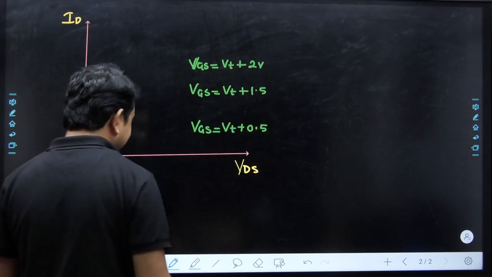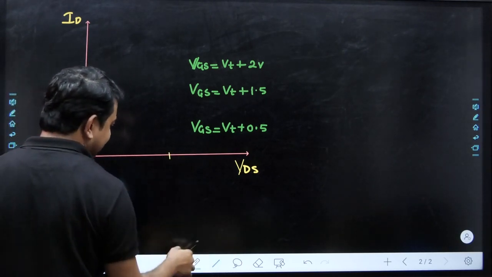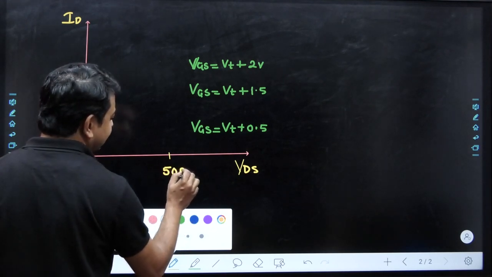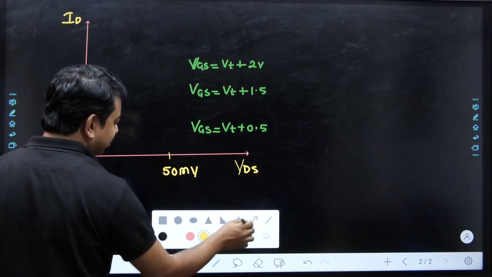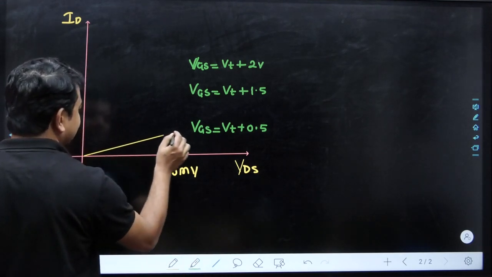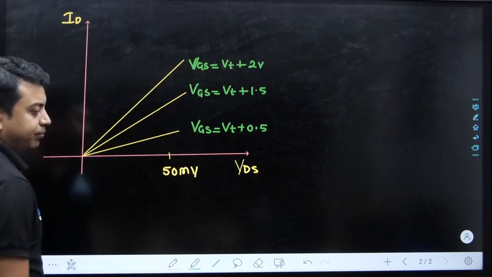At these different conditions, if you observe up to the range of very small voltage of 50 millivolt, the current will be seen like this, then this, then this.